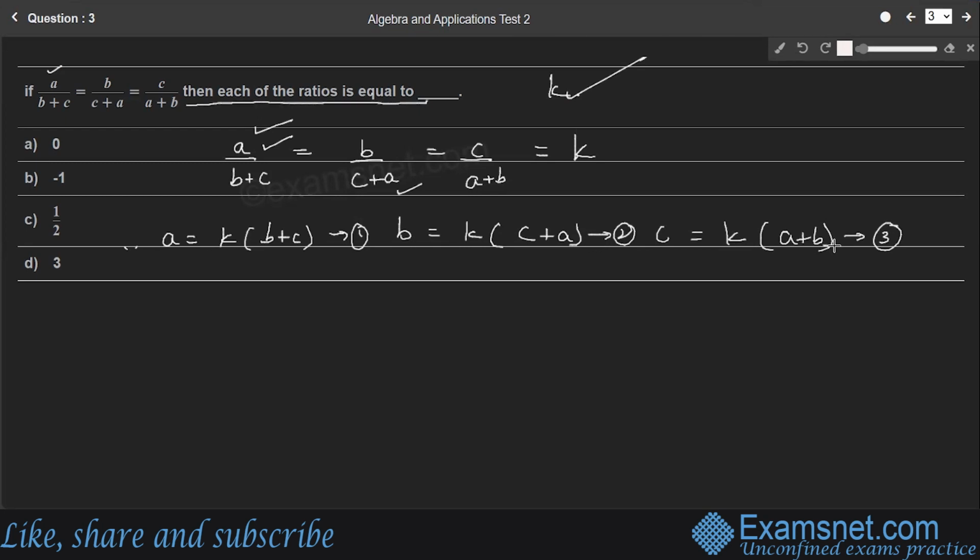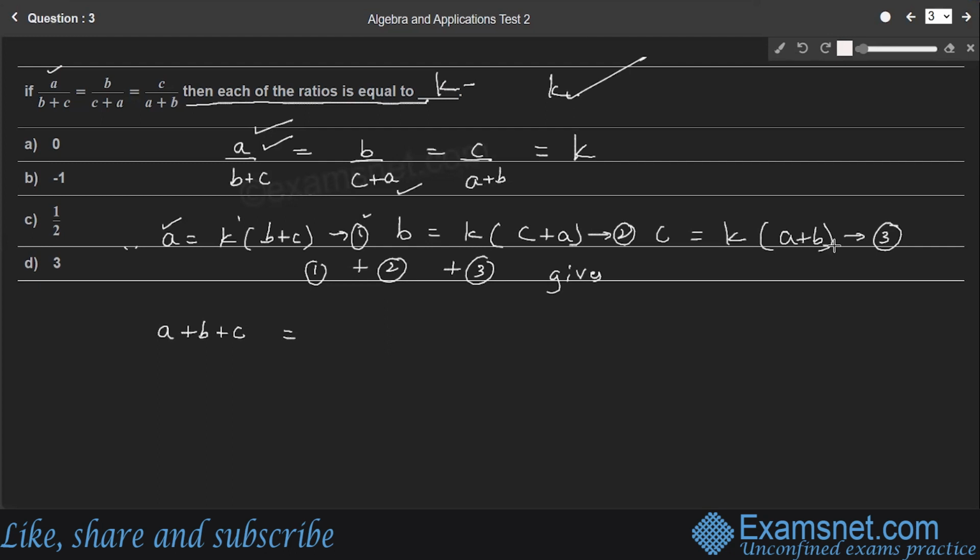So according to our assumptions, K is each of the ratios, right? Therefore, we need to find the value of K here, right? So from equations 1, 2 and 3, let us add the 3 equations, right? So 1 plus 2 plus 3 gives, on the left hand side, A + B + C, right?